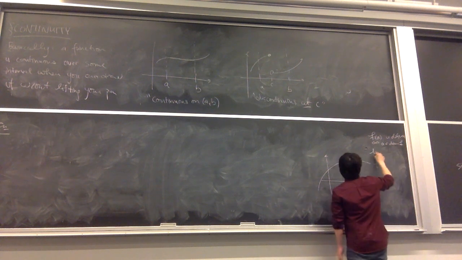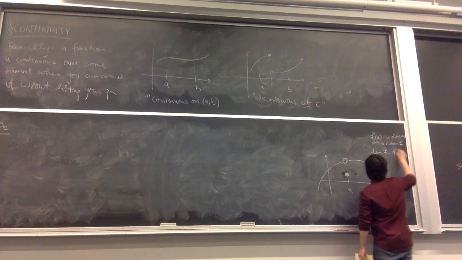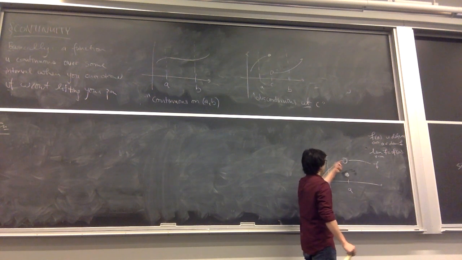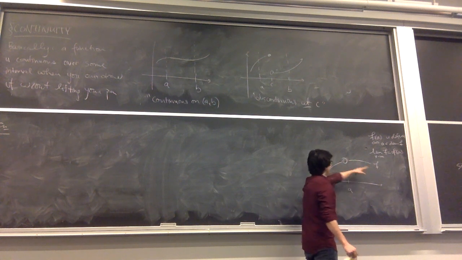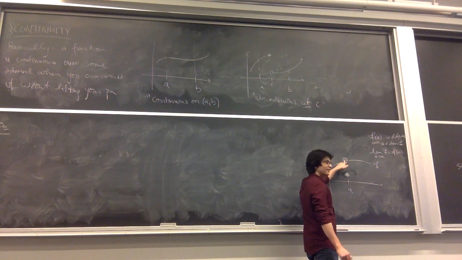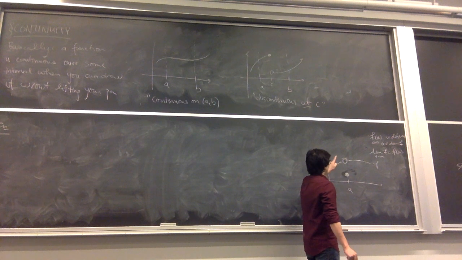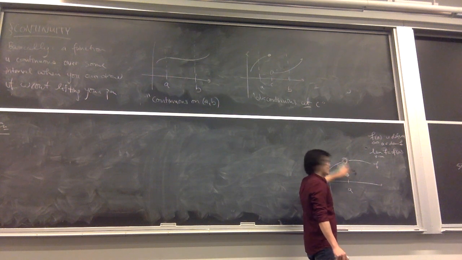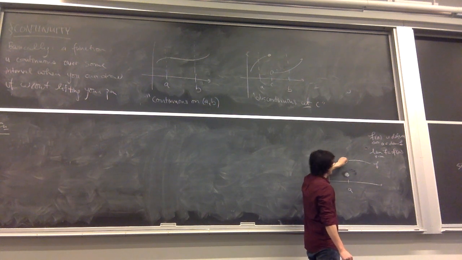You also want the limit as x goes to A of f to be equal to f of A. There's a limit that goes to here, so the limit of f at A is here. So this point is removed. The function is defined, but the function is not what it's supposed to be. We have the point, but the point should be here.